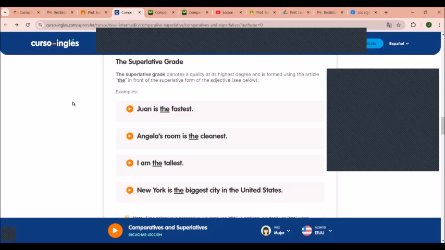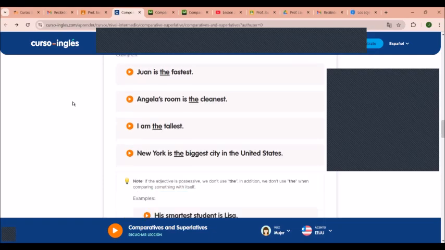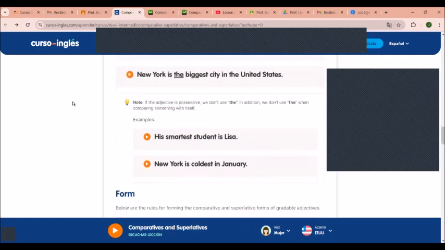These things you will consider as you make the changes, right? Also consider if the adjective is already in a possessive form, or if it's already comparing itself, then you don't need the article the, because the sentence implies that this person has a connection or is the same thing that is being spoken about. Smartest student, coldest month.